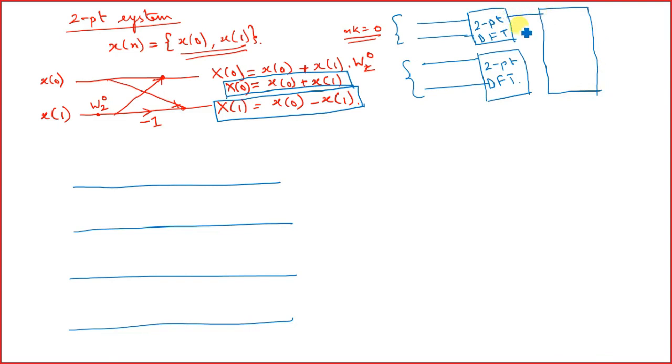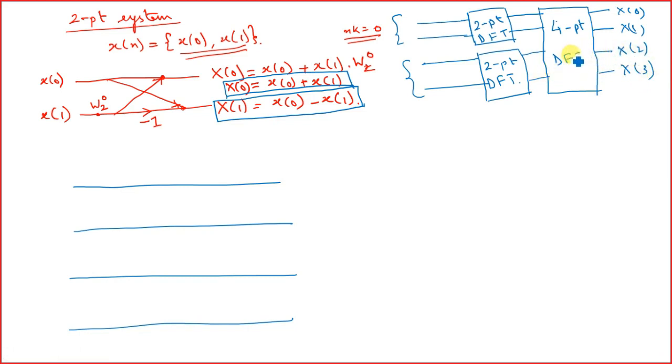and we will take the outputs from here, and then I will perform 4-point DFT to get the outputs. Now what would be the input order?